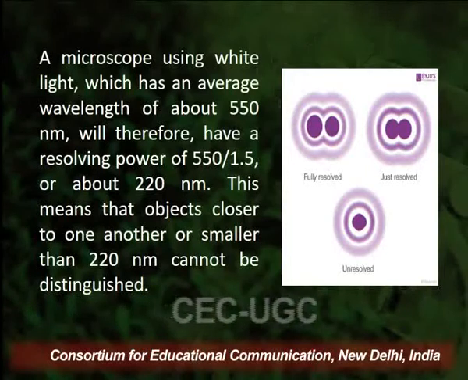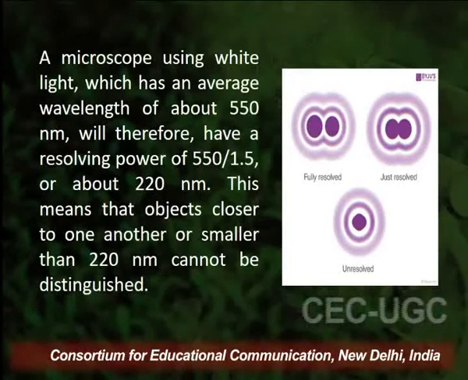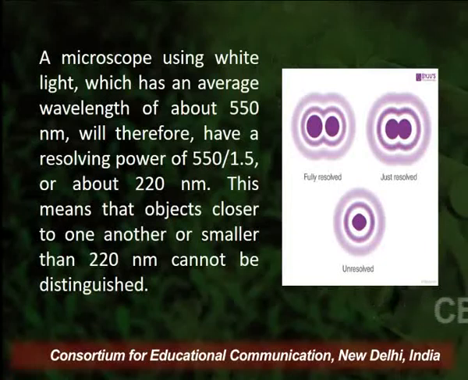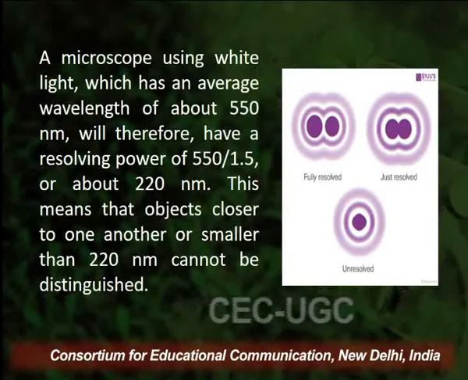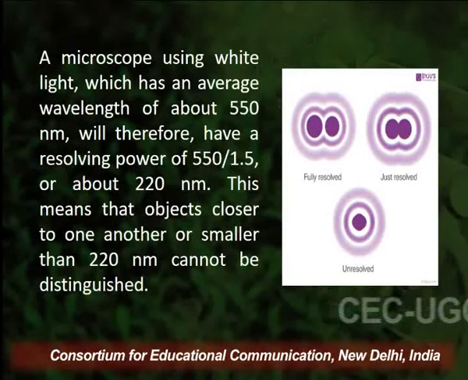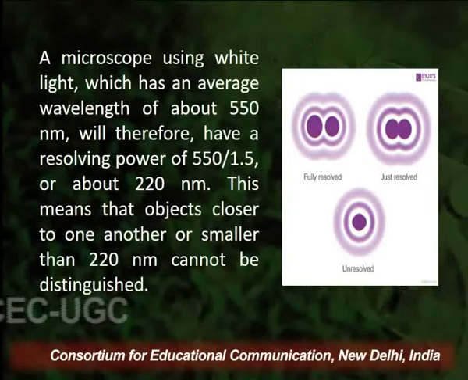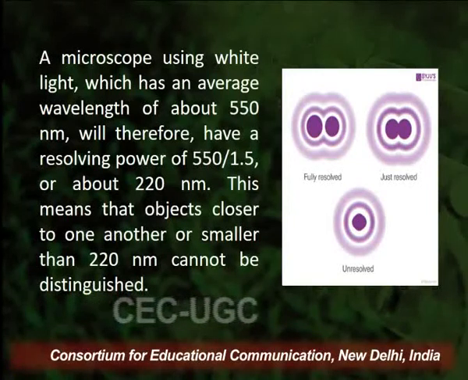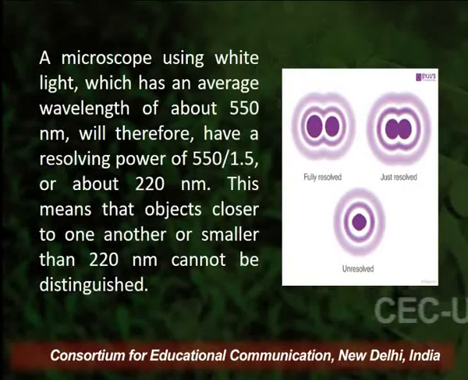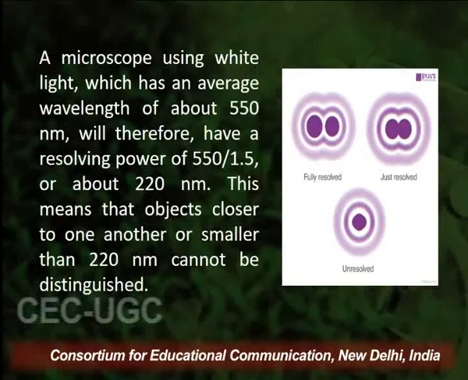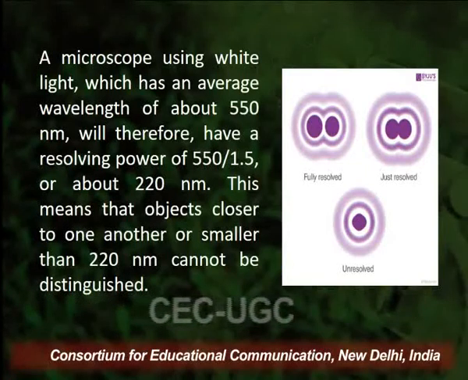So it will be around 220 nanometer. So with the help of a microscope which is using white light, we can get a maximum resolution of 220 nanometer. This means that any objects which are closer to one another or smaller than 200 or 220 nanometer cannot be distinguished.